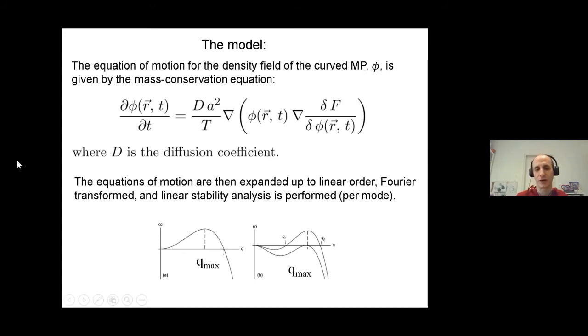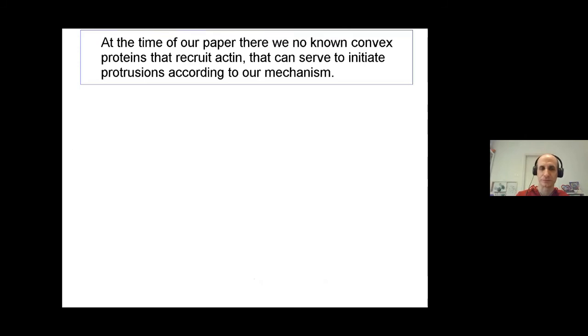It can show you either an instability that extends all the way to large wave vectors, or an instability that is limited to some range of wave vectors. You can see that the lower graph shows a parameter range where everything is stable, but it's on the verge of becoming unstable at one particular wave vector. So that's the flavor of the kind of modeling that we do.